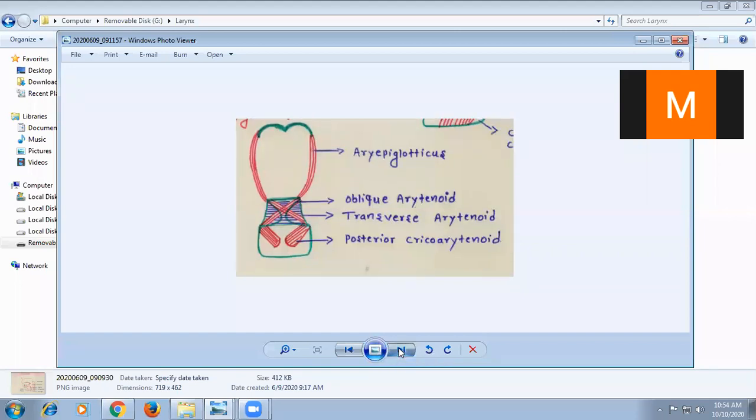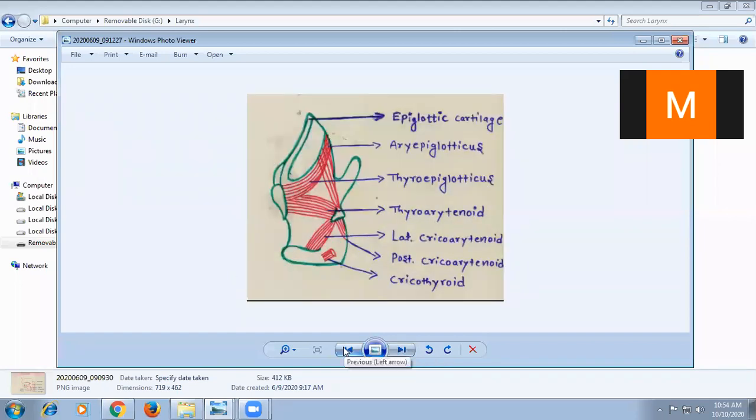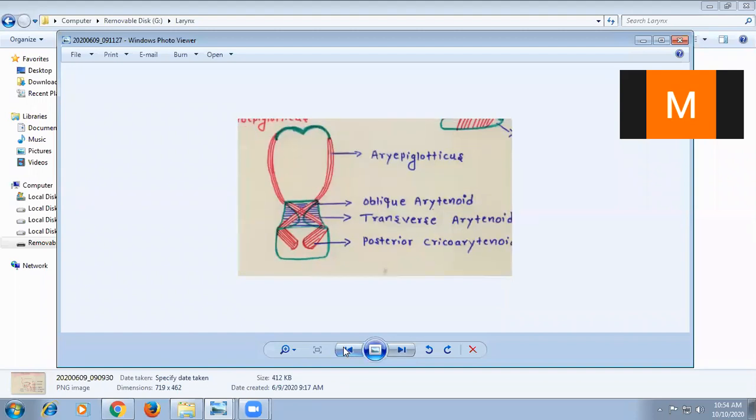So this is just a brief introduction of the larynx, and it is very important. It comes for almost all the 10 marks questions. It is very tricky, as Mugdha told, because they are very small muscles and their origin and insertion. For big bone surfaces we are unable to remember the muscle attachments, and here it is a very small part which is the origin and insertion.